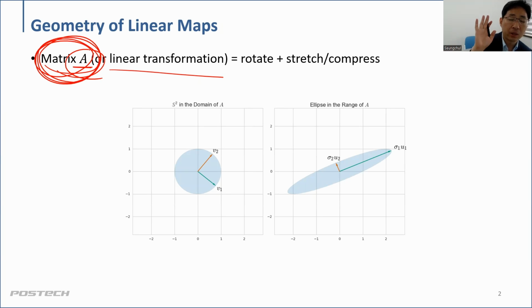Suppose you have any kind of matrix, then it's the same as linear transformations, right? And having proper coordinates, any kind of linear transformation you can think of as a combination of rotations and stretch or compressions.